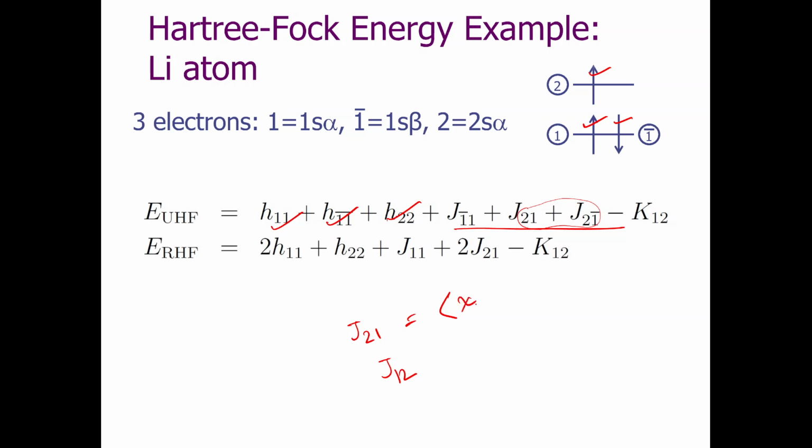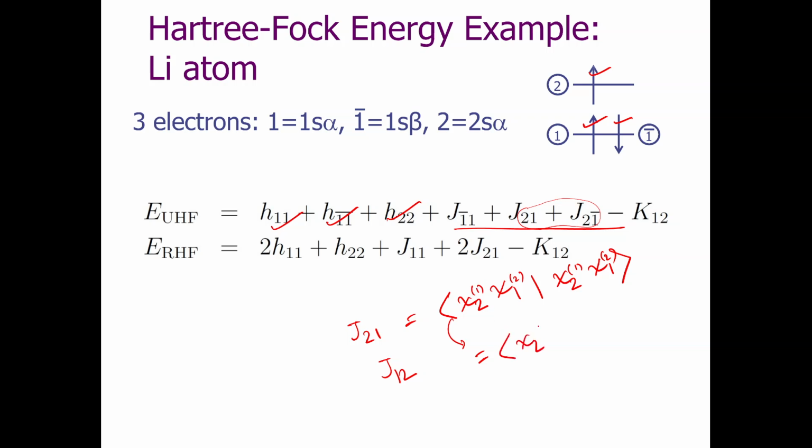So let's say you have chi2 and you have chi1, and you have a 1 by r12. I'm not writing that. And you have chi2, chi1. So this is your 1 level and this is your 2 level. This is 1 electron and this is 2 electron. I can flip the indices, right?